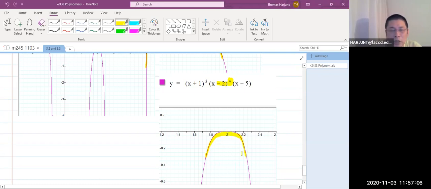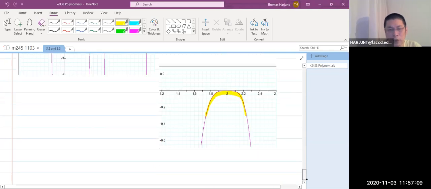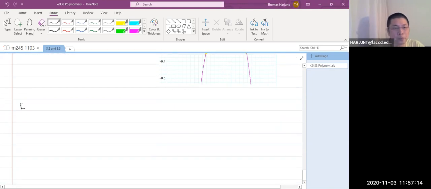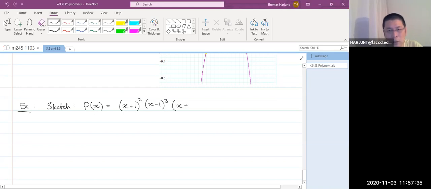Okay, now that helps us later on. Suppose, for example, something I do super fast right now, I need to sketch the graph of p(x) equals x plus 1 squared, x minus 1 cubed, x plus 2, x minus 3 squared.